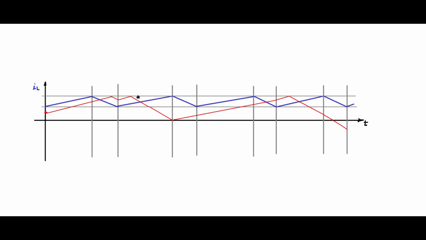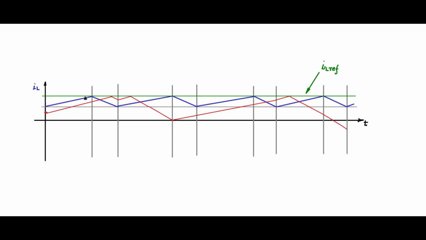Now this top line here, where the inductor current is being compared, is the IL reference line. Let me highlight that with a different color. So that is IL ref.